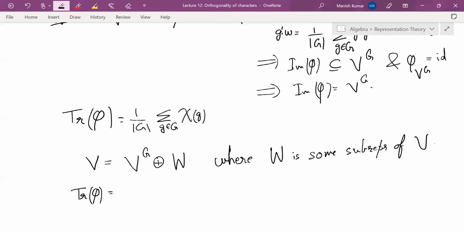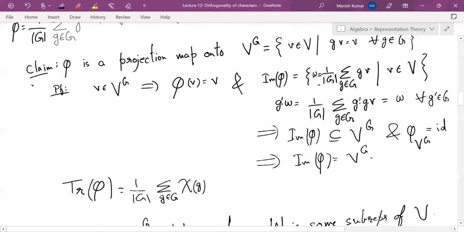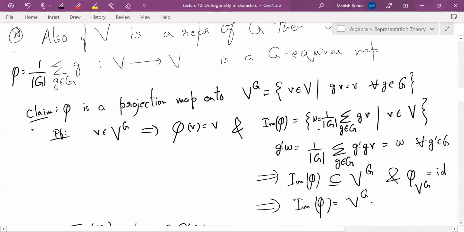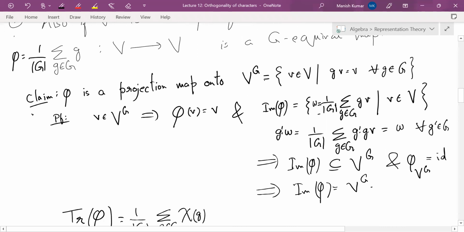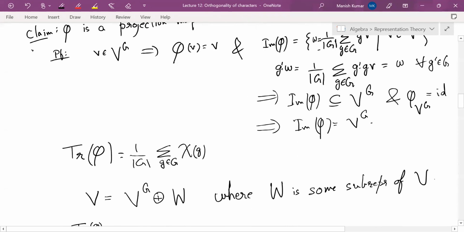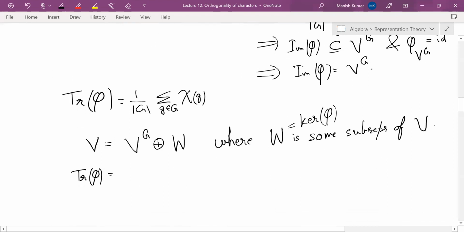So W is in fact the kernel of phi, because phi is equivariant. So the kernel is also a sub-representation, and this is the decomposition you get.